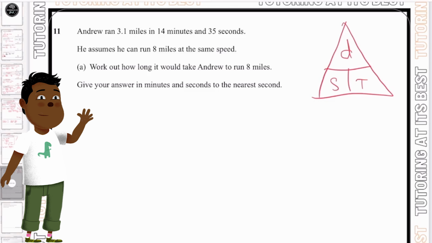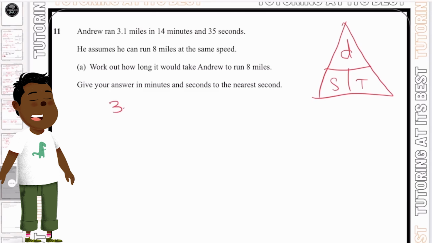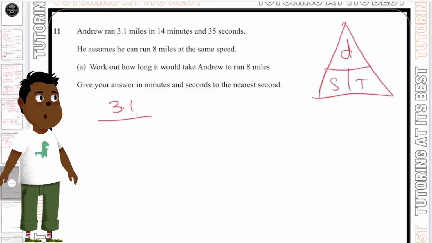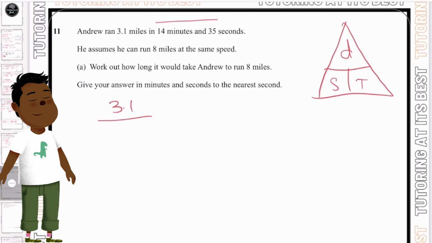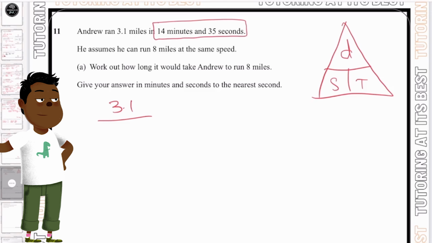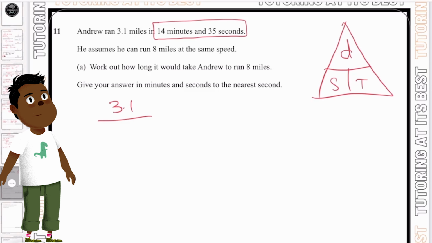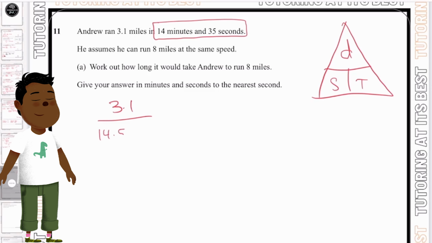So we know now that we are going to be following our speed, our distance, and our time. So let's start off with what information is being given to us, which is our distance, which is 3.1 miles, and we have our time, which is again 14 minutes and 35 seconds. So again, please remember to convert this into a decimal, you need to divide it by 60. So when I've done that, I get 14.583 recurring.